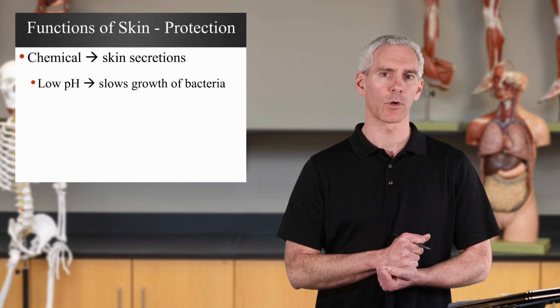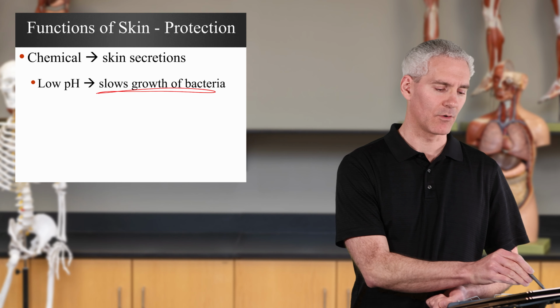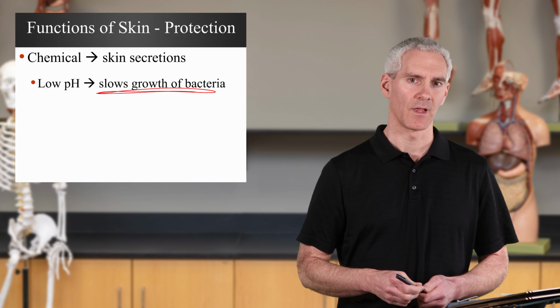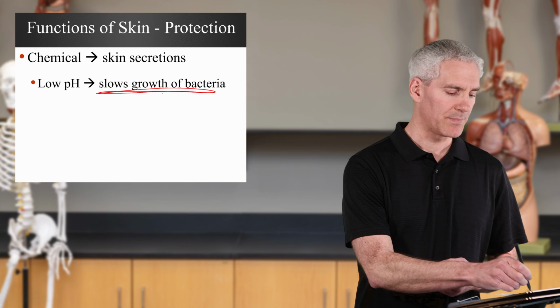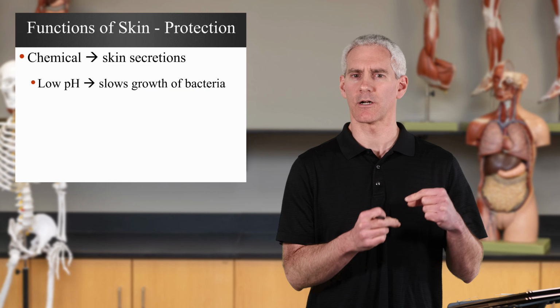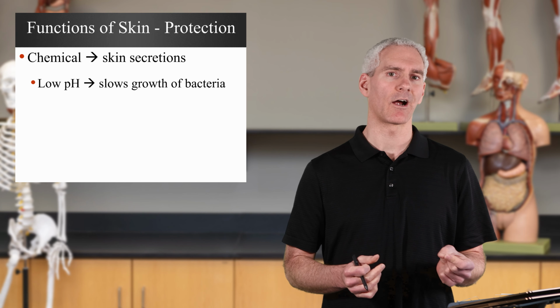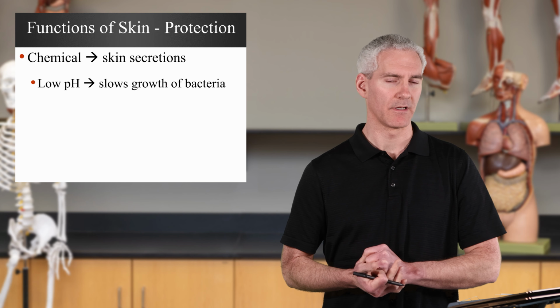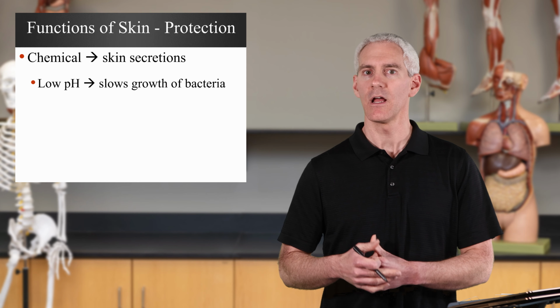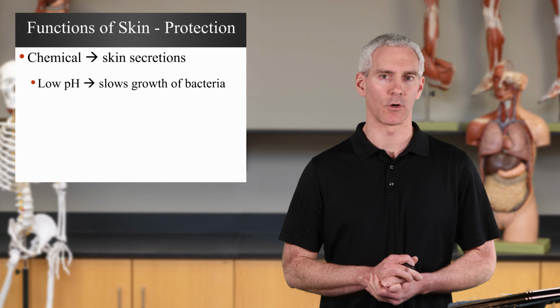This slightly lower pH helps to slow the growth of bacteria. Now that's important because you're thinking, hold on, there's bacteria in our skin, we already mentioned that. Those bacteria are fine. Bacteria that aren't necessarily normally there, the ones that shouldn't be there, their growth can be slowed down by the lower pH.